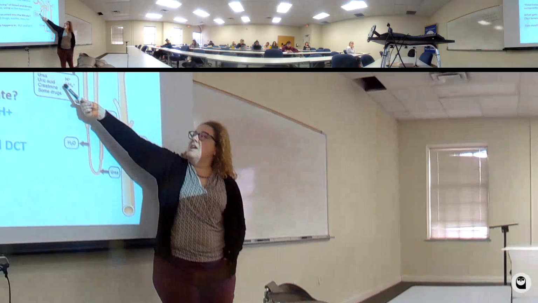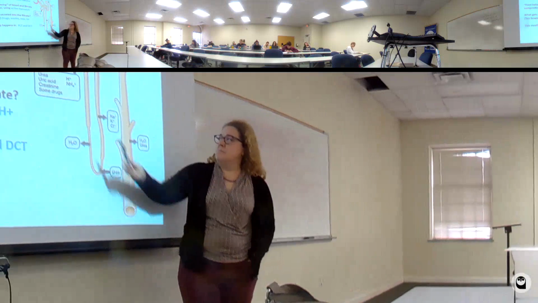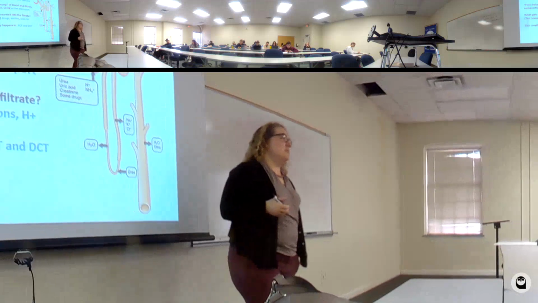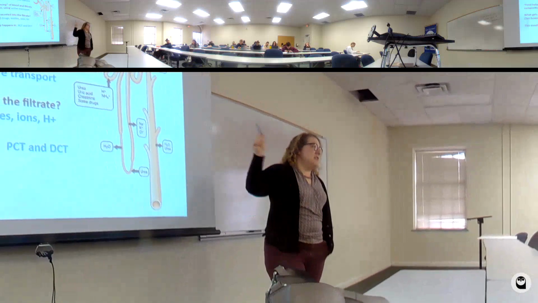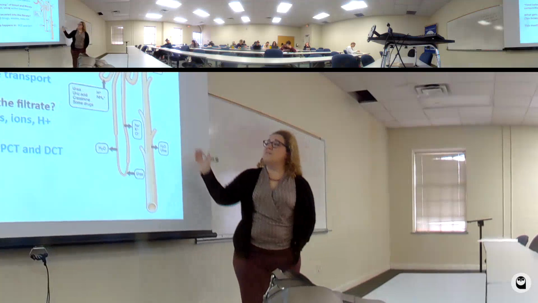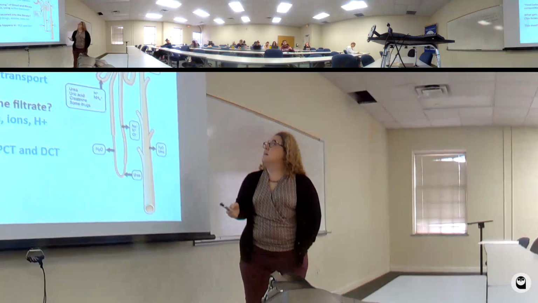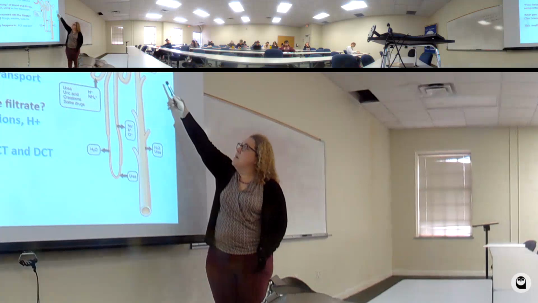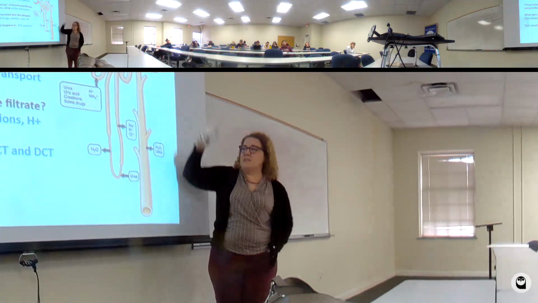Notice here we've got H+ and ammonia. This tends to be a pH balancing step too. This is a way you can pH balance your blood versus your urine. There's some potassium once in a while, but mostly it's pH and wastes.